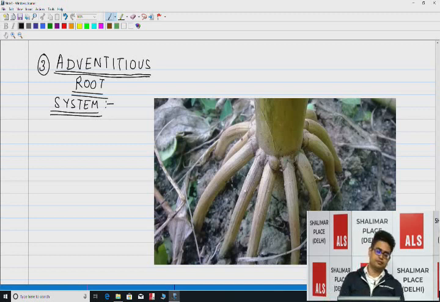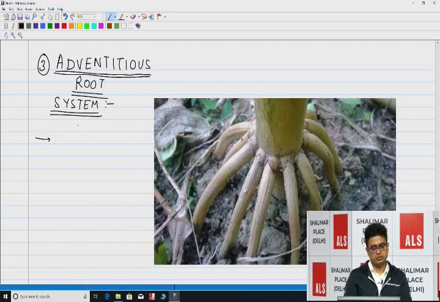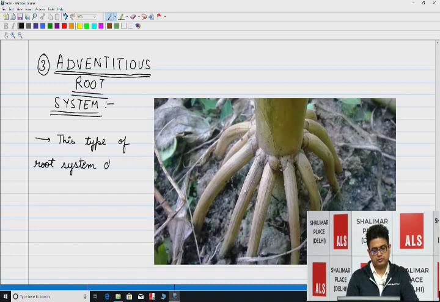So you can simply write: adventitious type of root system is that root system which develops from stem nodes.